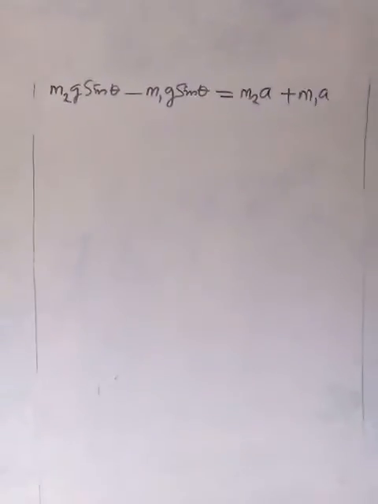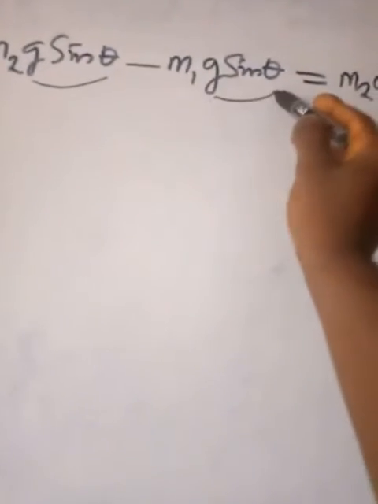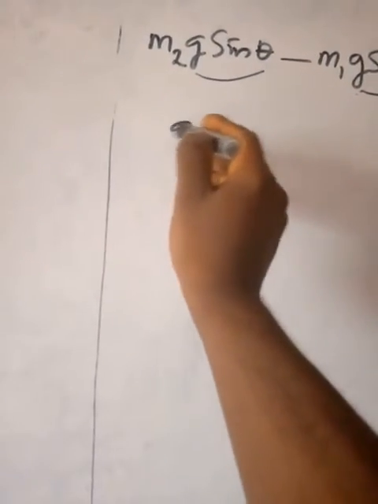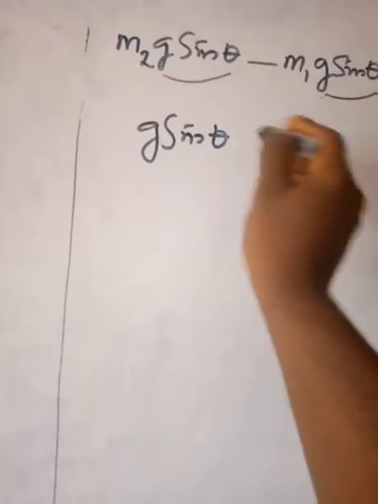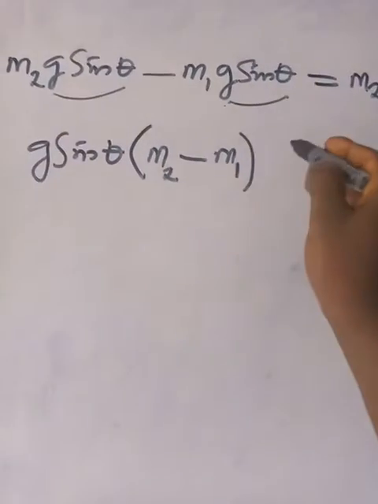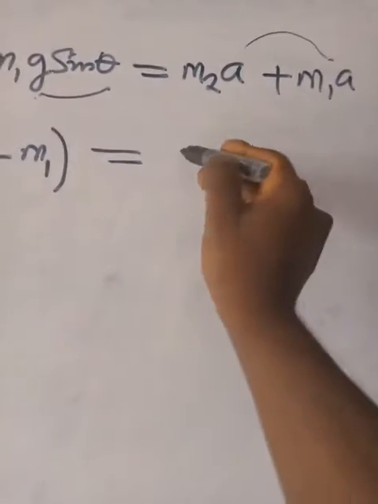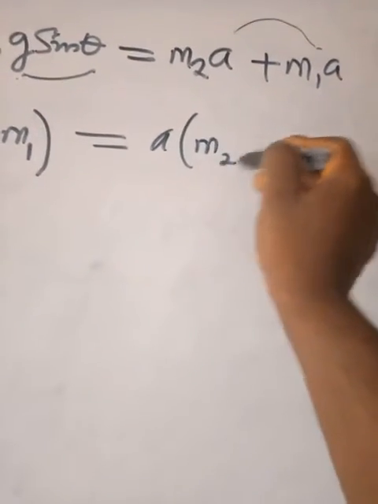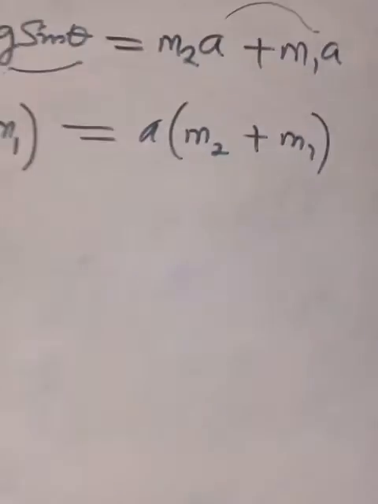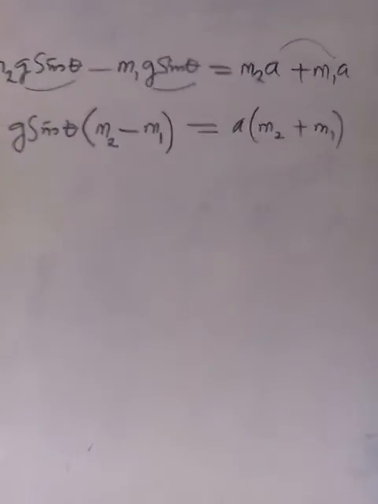Now in this equation, we need to factorize. From here we see g sine theta is common, and this is also g sine theta, so we factorize g sine theta. g sine theta multiplied by m2 minus m1 equals, acceleration is constant here, so we factorize it: acceleration multiplied by m2 plus m1. In order to determine acceleration, we divide both sides by m2 plus m1.